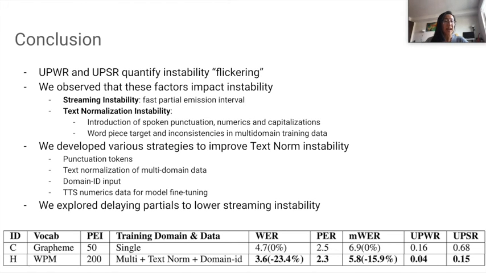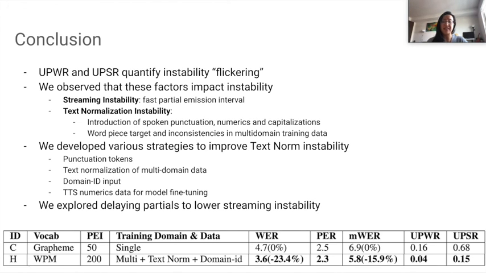We use domain ID as an input to our RNN-T encoder to enforce that the RNN-T learns the text normalization patterns in each domain. We also use text-to-speech generated numerics data for model fine-tuning. With these methods, we managed to improve the model instability without delaying the partial emissions or without hurting the word error rate. We also show how the model behaves if we delay the partial emission intervals.